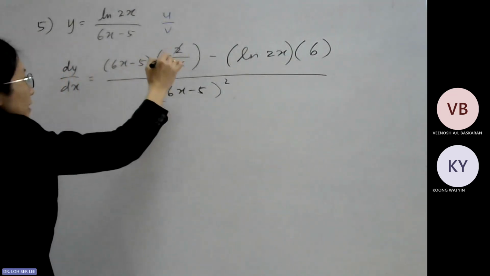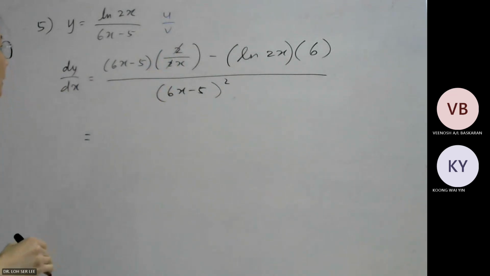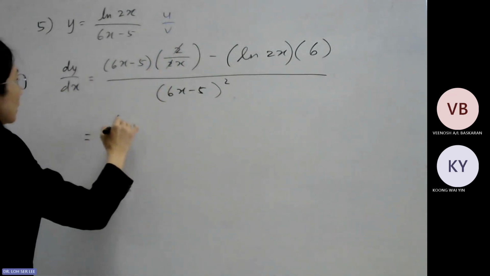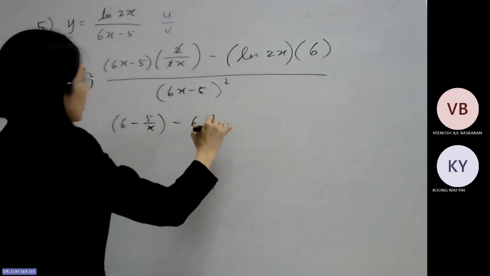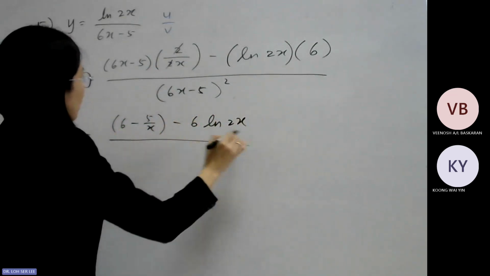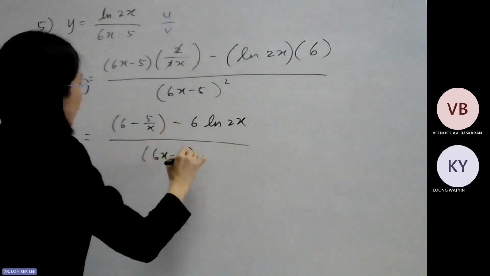Okay, so this one we can cast out the 2. So we get (6 minus 5 over x minus 6 ln 2x) over (6x minus 5) squared.